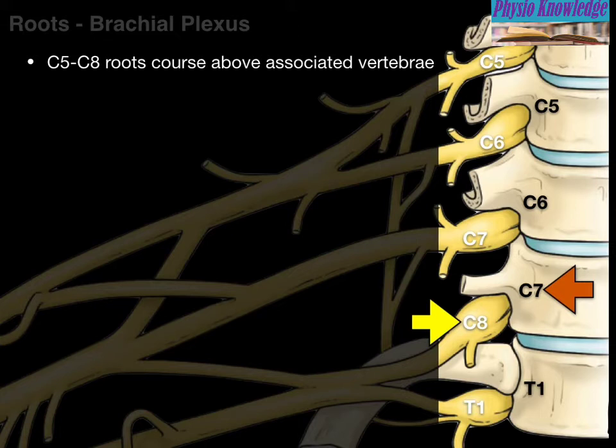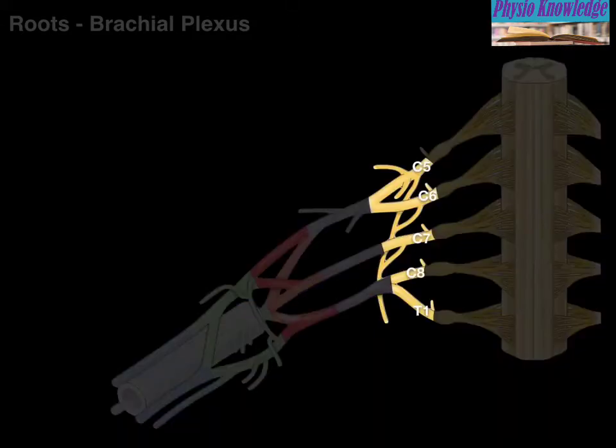So the C8 nerve courses below C7 and above T1, and then when we go to the T1 vertebra, everywhere below this, the nerve associated with the vertebra courses below it. So T1 nerve below T1 vertebra, T2 nerve below T2 vertebra. Cervical vertebrae and nerves are the exception.